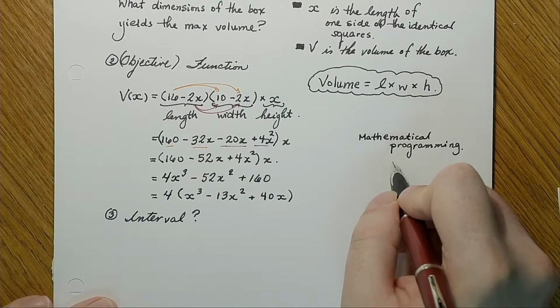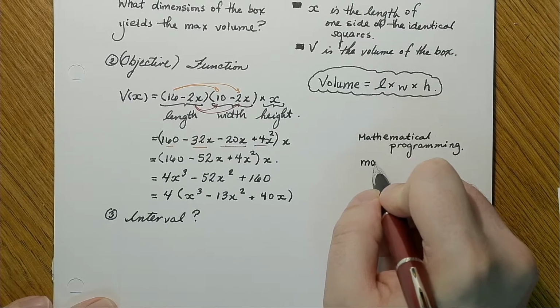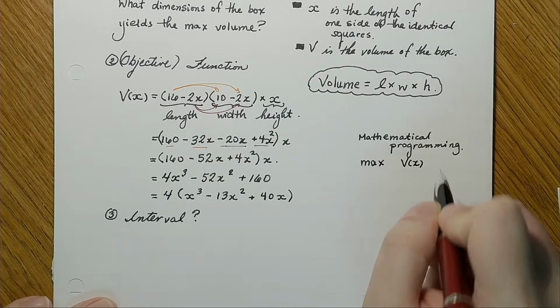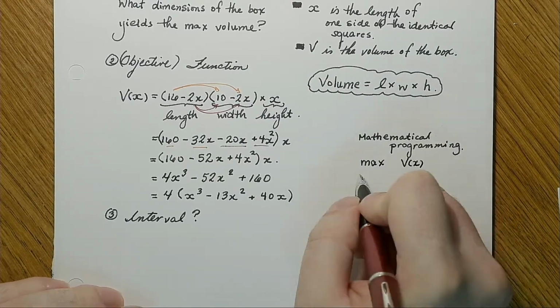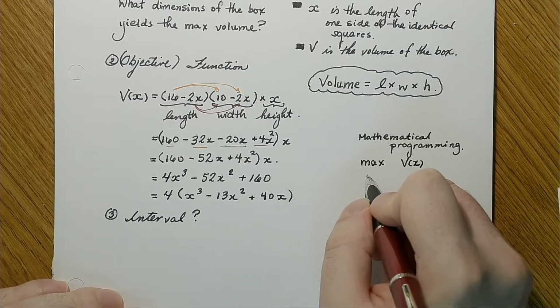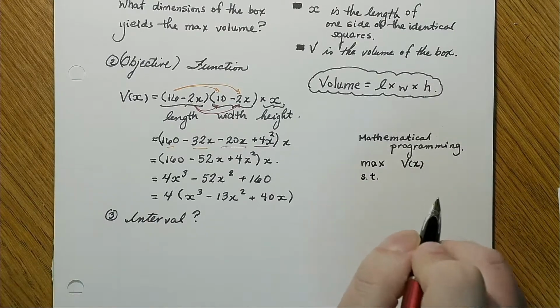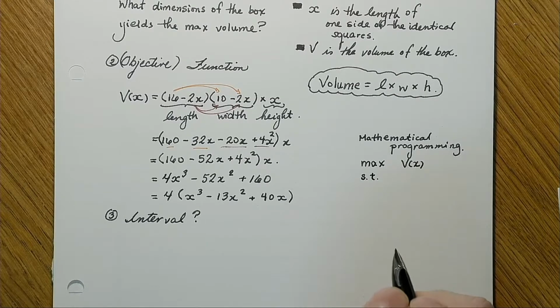And so what we're going to be doing is maximizing the volume. So we're maxing the volume of x. And we need some constraint. So subject to, or such that, depending on who you talk to.